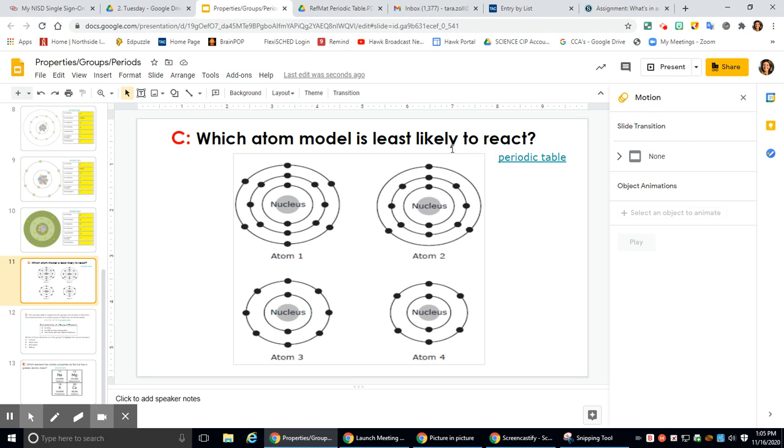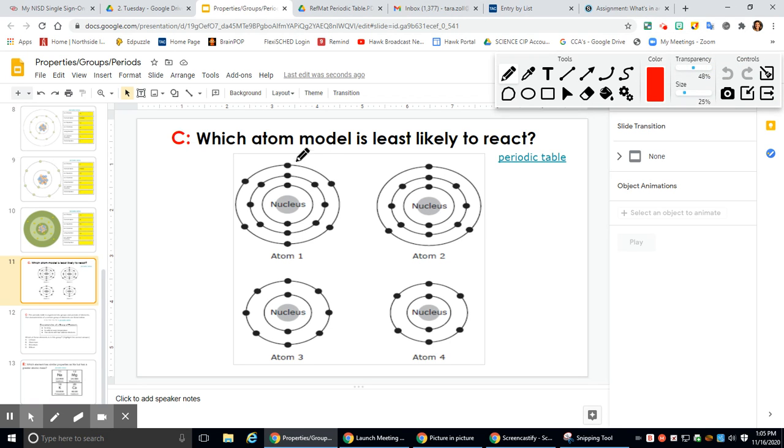And let's have a look at our connection. Which atom model is least likely to react? Remember, atoms that are least likely to react are going to have a full shell in their outer energy shell. So I want 8 valence electrons in my shell to be stable, unreactive. So I'm going to count how many valence electrons we have here. 1, 2, 3, 4, 5, 6. This has 6. 1, 2, 3 valence electrons here. 1, 2, 3, 4, 5, 6, 7, 8.